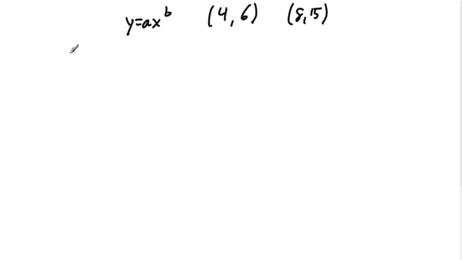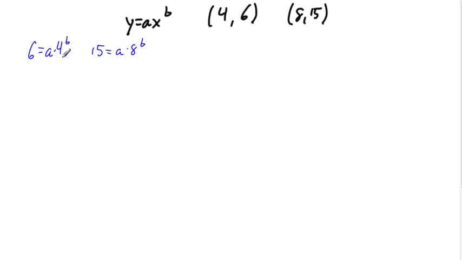So if my y value is 6, I get 6 equals a times 4 to the b power. Also I know 15 equals a times 8 to the b power. So just as before, what I can do is substitute here.